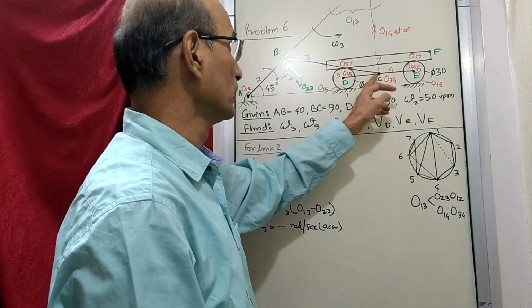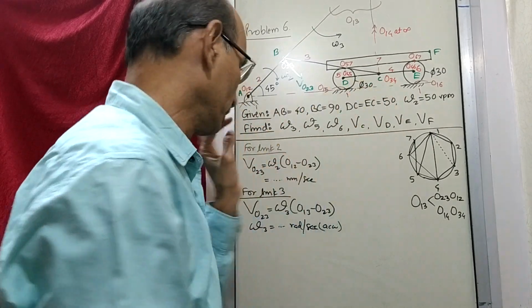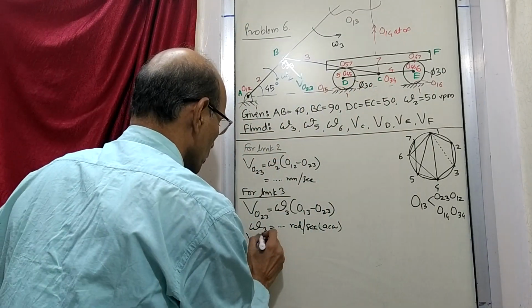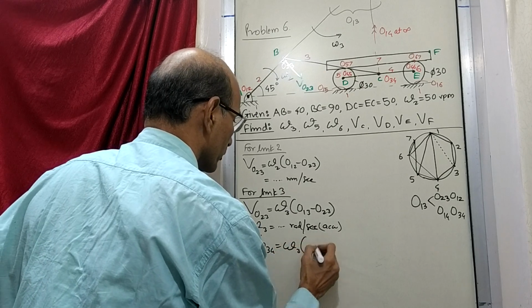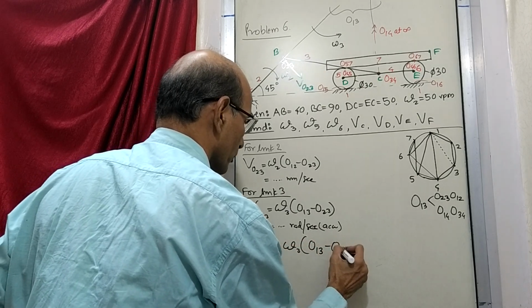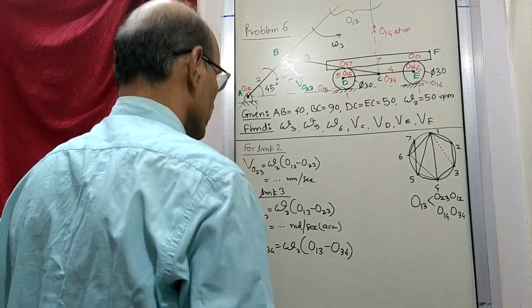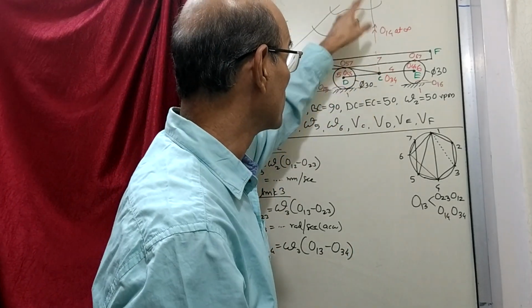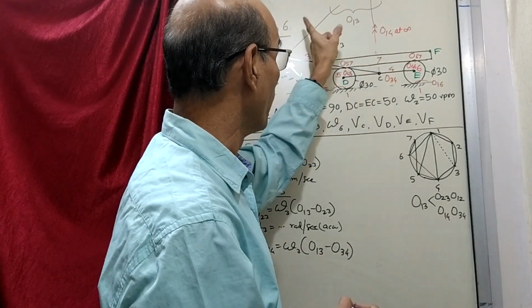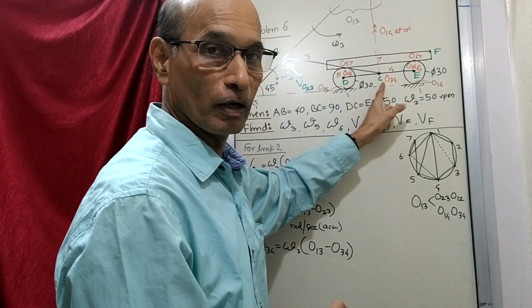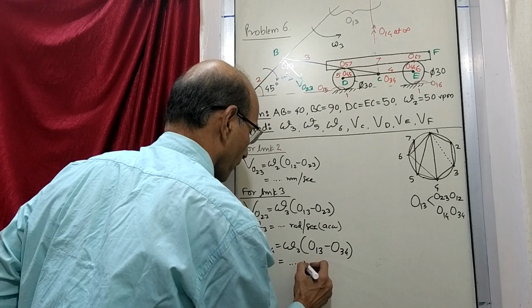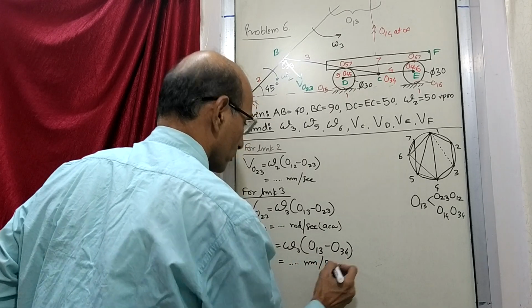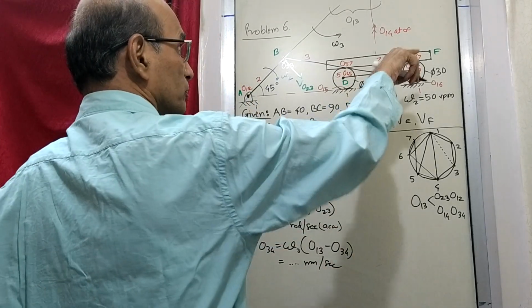So any other point on link number 3, O34, we can find out velocity of O34 also. So O13 to O34, this distance you measure, multiply by omega, and that is going to give you velocity of O34. So that will be velocity of O34 like this.